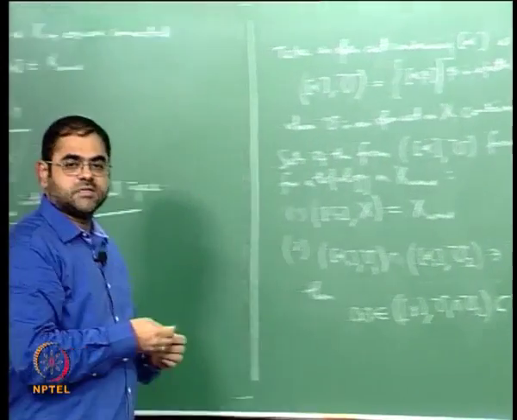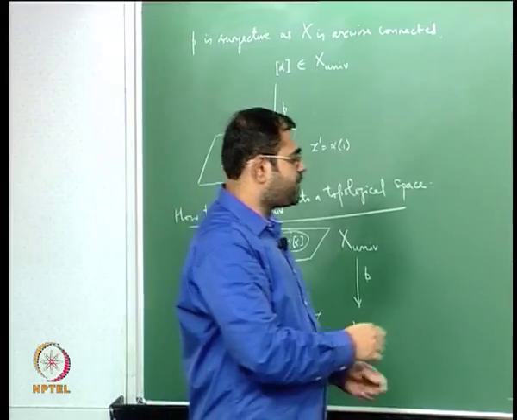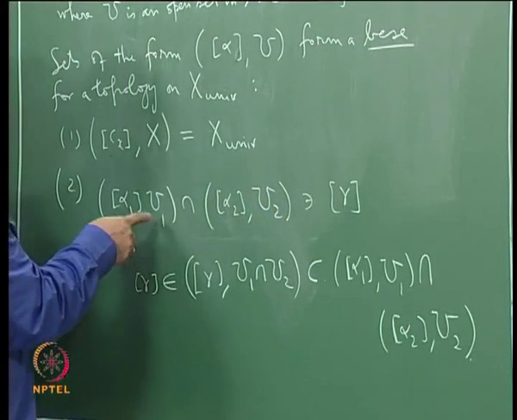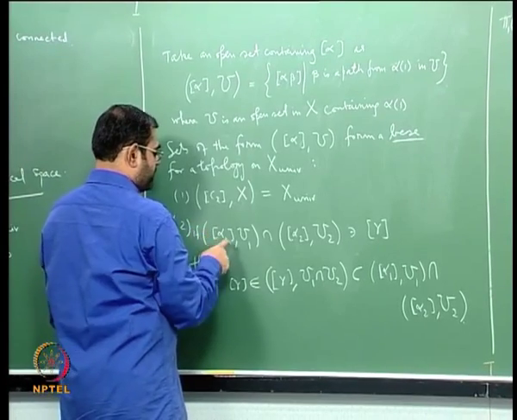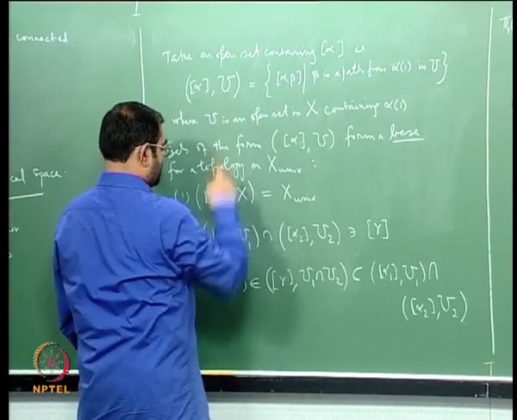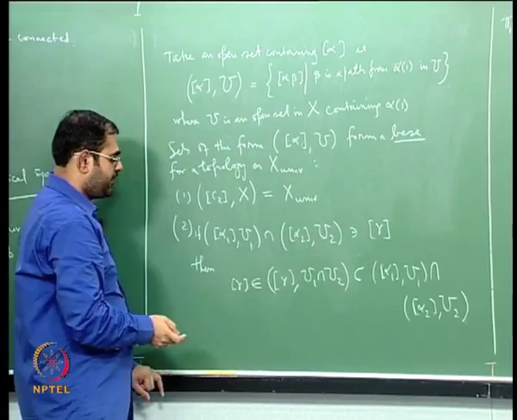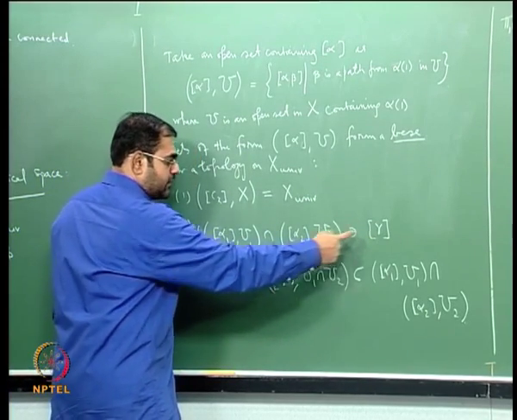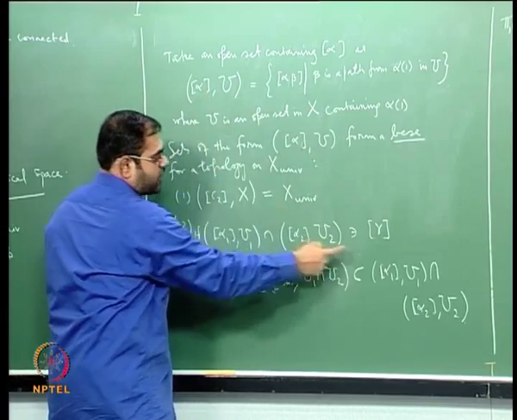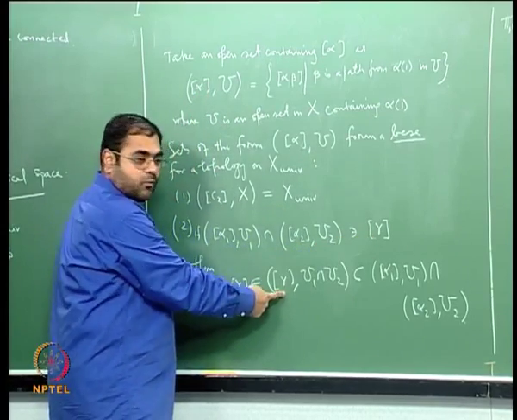So this is what is going to happen. So I should put if here: if two sets of this form intersect, then you take any point in the intersection, you can find again a set of this form containing that point which is in the intersection.